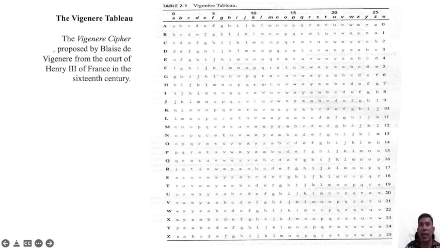It's basically a fully alphabetic substitution based on this table projected on your screen. Sorry for that.